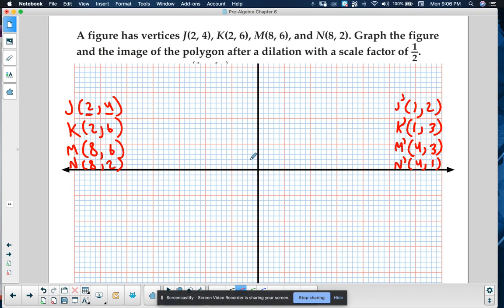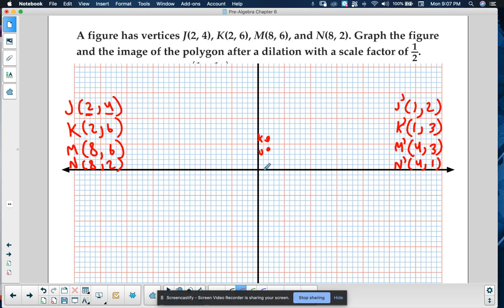So here's the original (2, 4). So here's original J, and then we have K at (2, 6). So 2, that was 4, so 6 is here. Oops, kind of overlapping. J, and this is K. Then we have M at (8, 6).